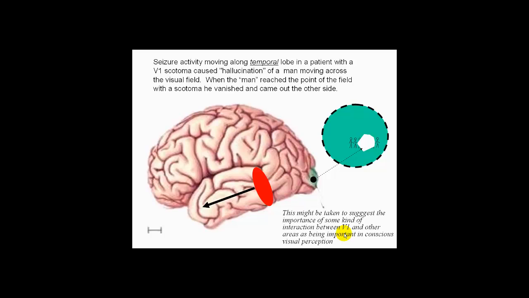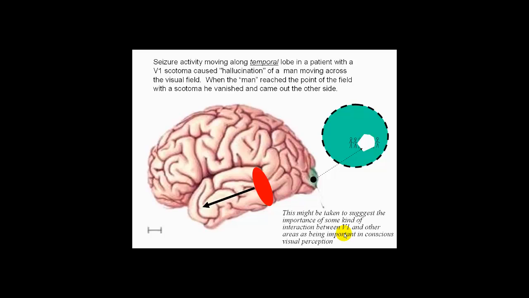But what's interesting about this experiment is that as this thing moved along, and the person saw this individual walking along in their imaginary visual field, or in their mind, when this hallucination got to the part of their visual field where they had a scotoma in V1, the image vanished.